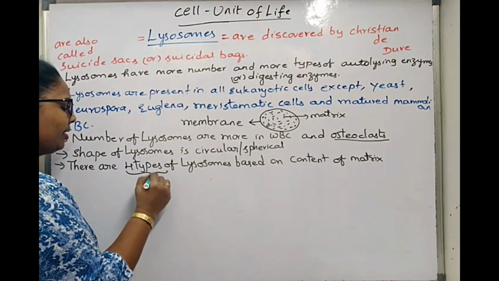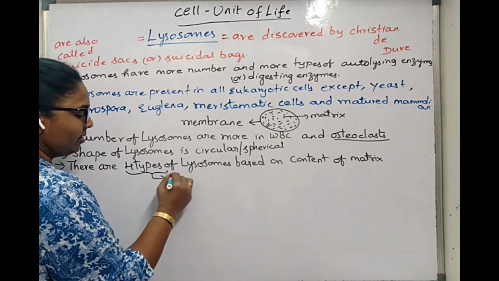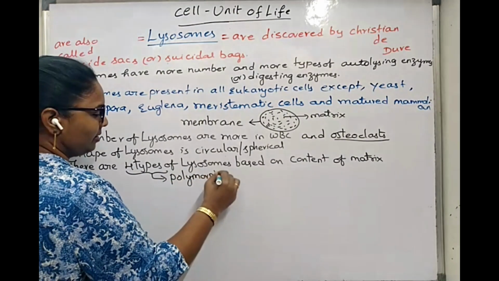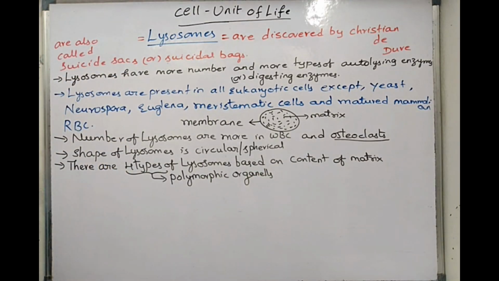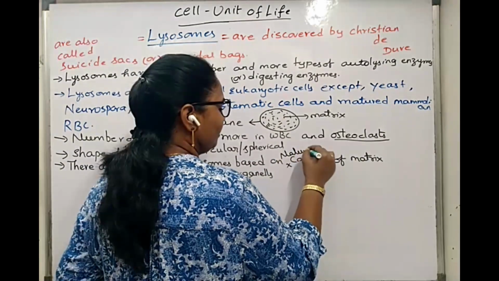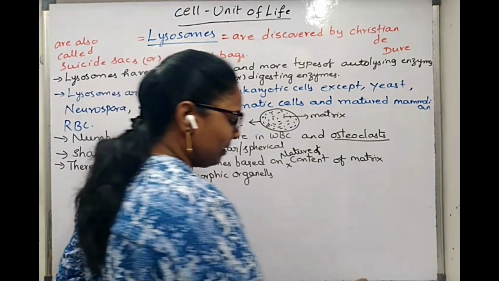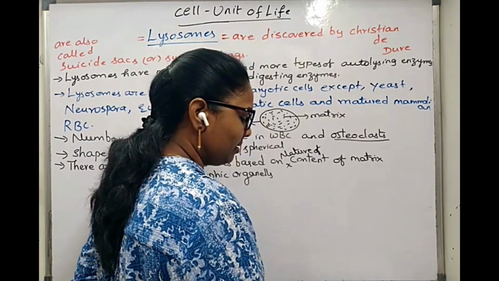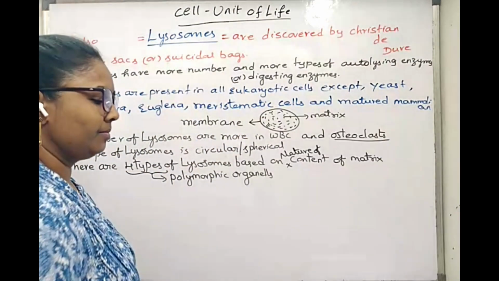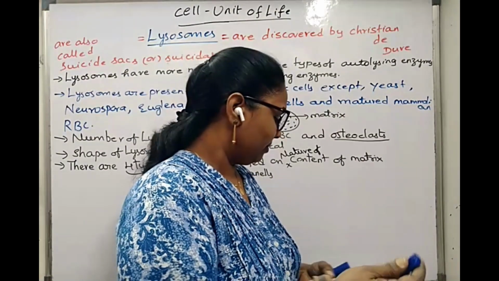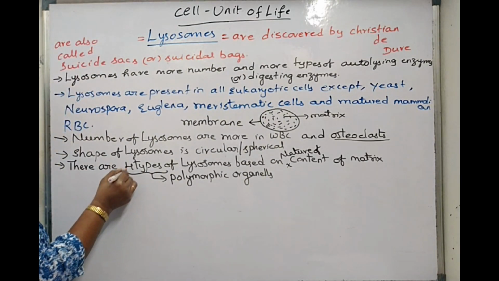Since there are 4 types, we can say lysosomes are polymorphic organelles. So we will see what those 4 types are.